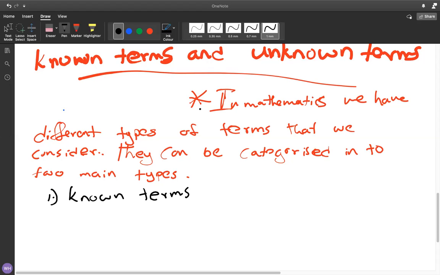Okay, so let's write what these known terms are. Let's now write what known terms are. Write.